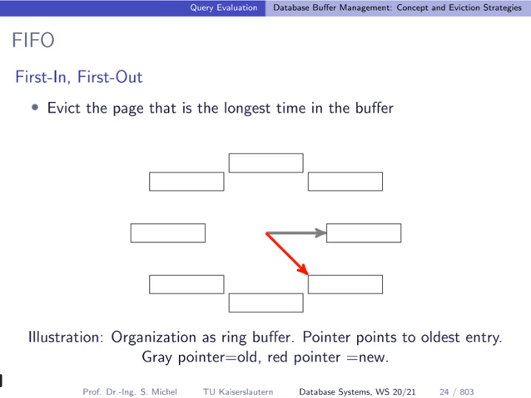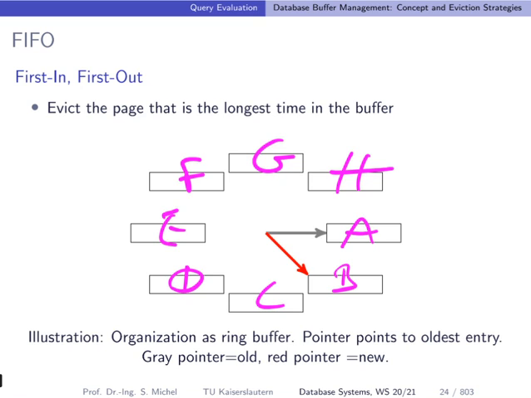Yeah. So let's just draw some sample buffer. So we have some page A and some page B, C, D, like this. And the gray pointer in this example points to the page that has been there for the longest time. So this was the one that was inserted, the oldest insertion basically.